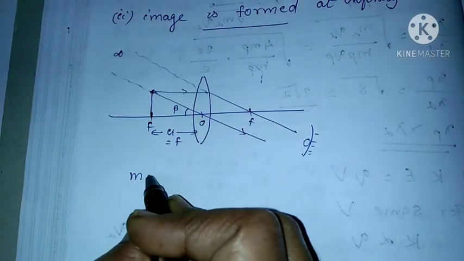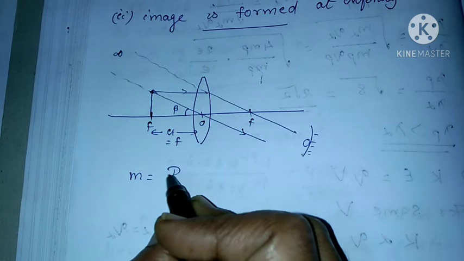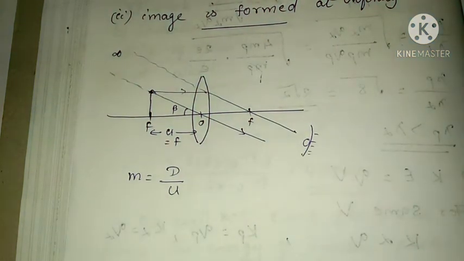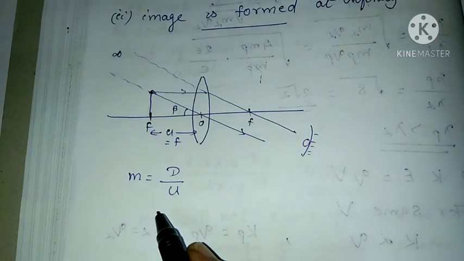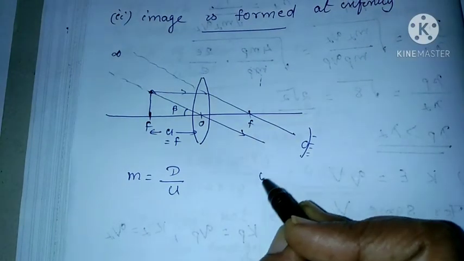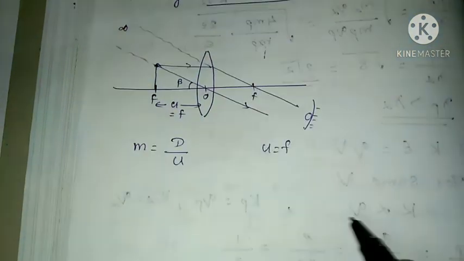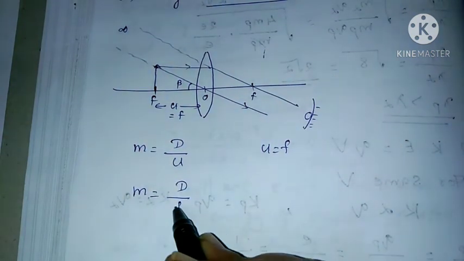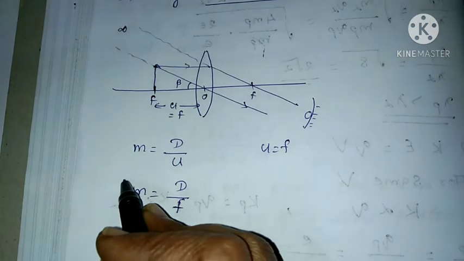We already derived in the first case, that M equals D by U. Clear? Here the object is at F, so U is F. So we can write M equals D by F. Clear? M equals D by F.